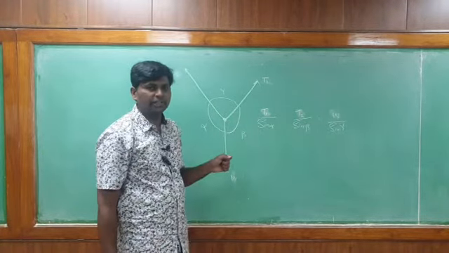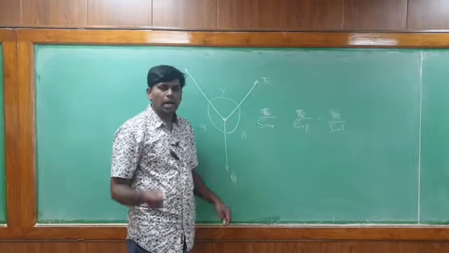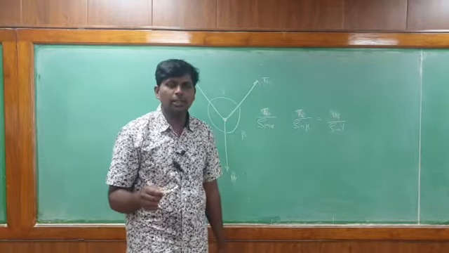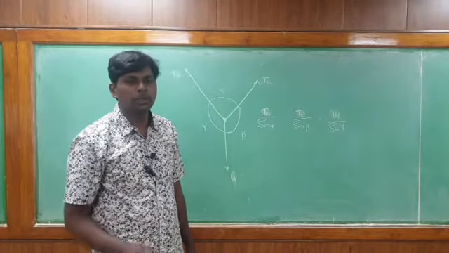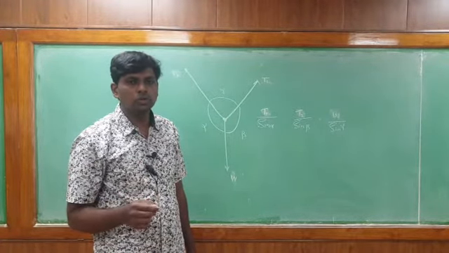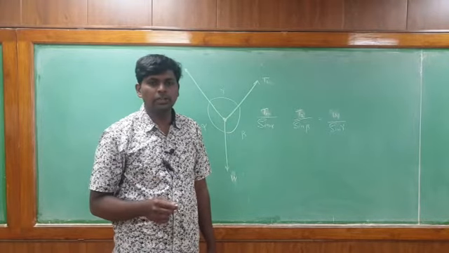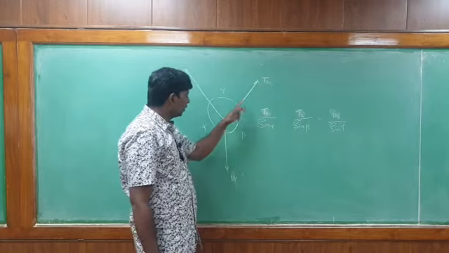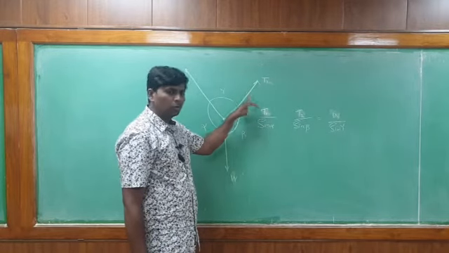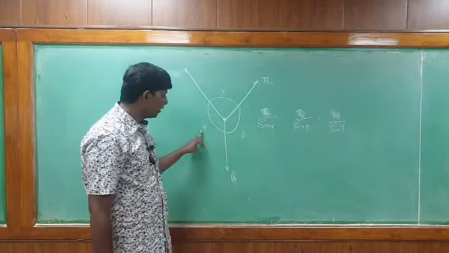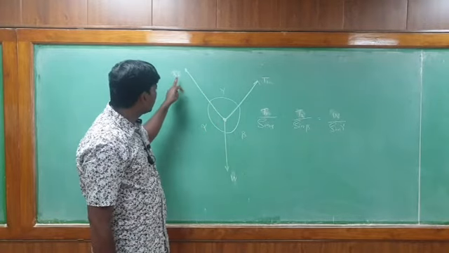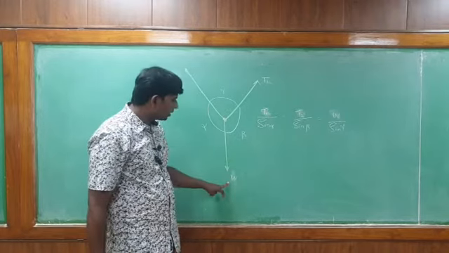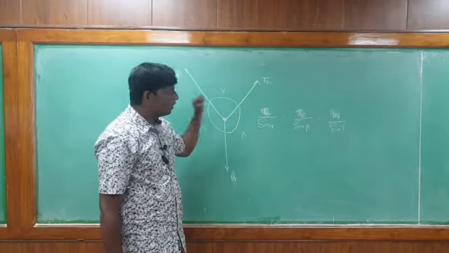If three forces acting at a point are in equilibrium, then each force is proportional to the sine of the angle between the other two forces. If you consider the force T1, the angle between the other two is alpha. For T2, the angle between the other two is beta. For W, the angle between the other two is gamma.